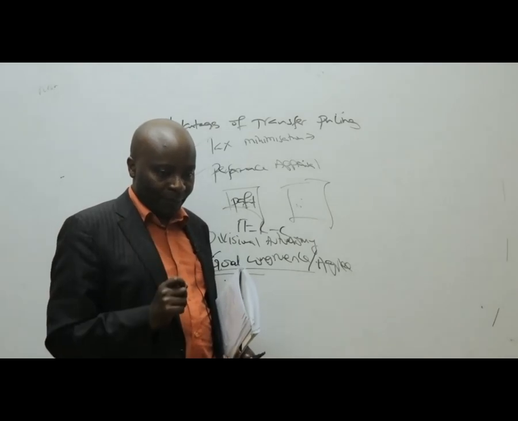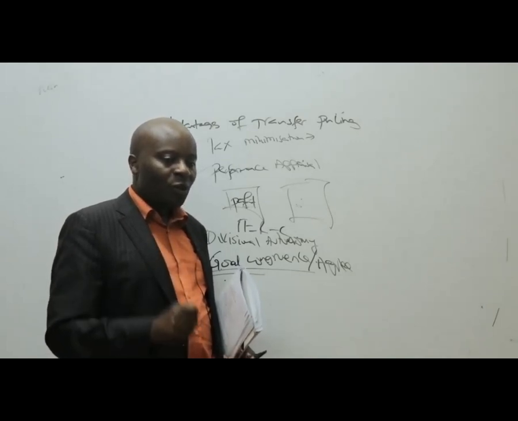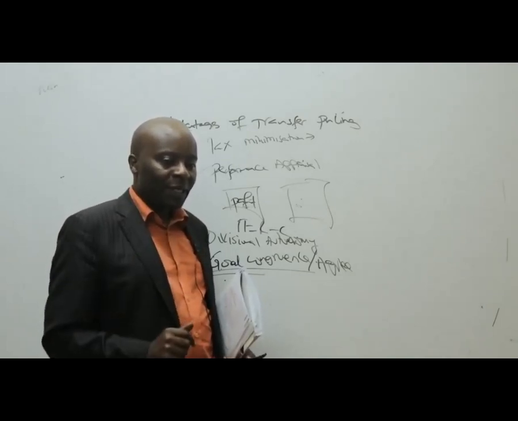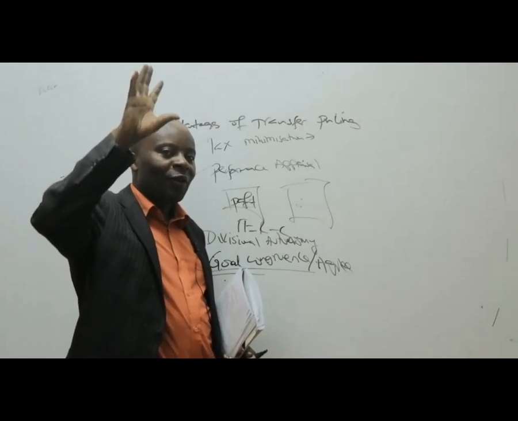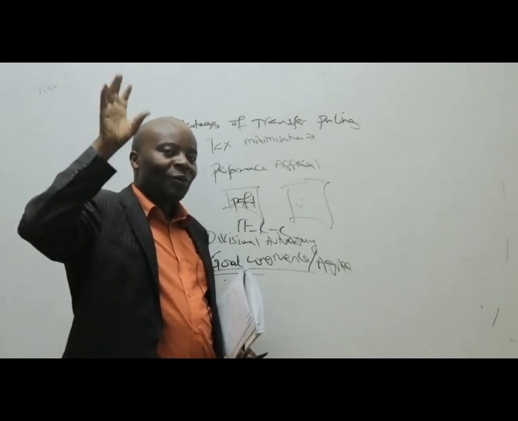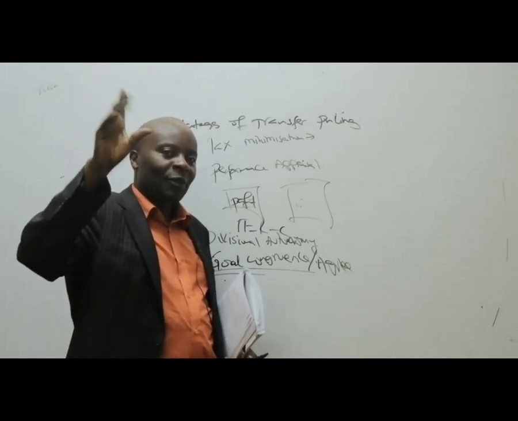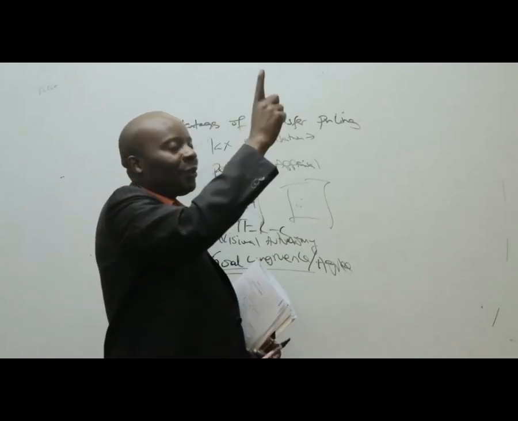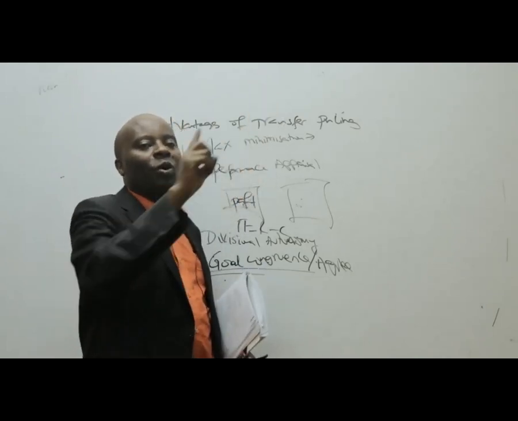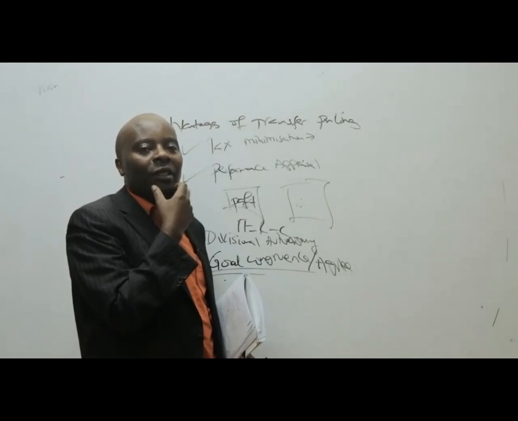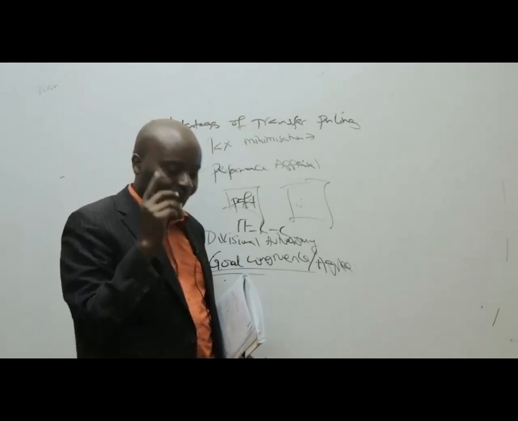So what they'll do is ensure that they maximize their profitability. And the overall goal of the firm is to maximize profitability. So we have the goals of the departments agreeing with the goals of the company.